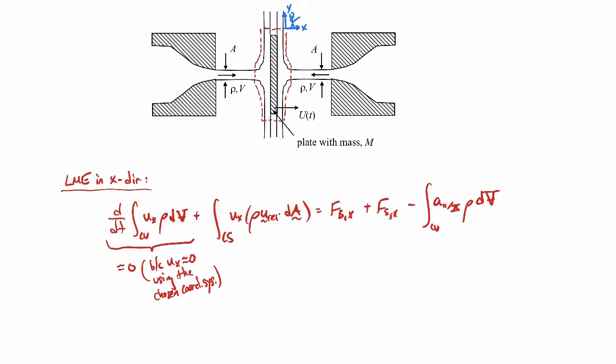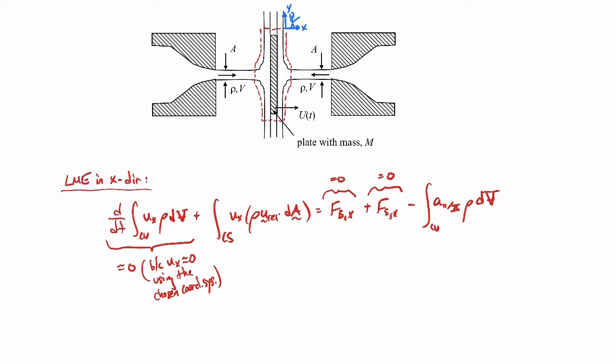So the body force in the x direction, that'll be 0. We're not told anything about gravity, so we'll just assume that it's not a factor of consideration here. Surface forces in the x direction, that will actually be 0. There are no pressure forces acting on this. We're going to assume that it's atmospheric pressure all the way around this thing.